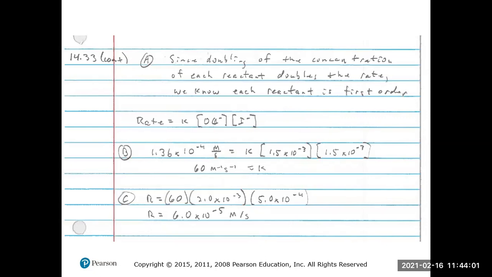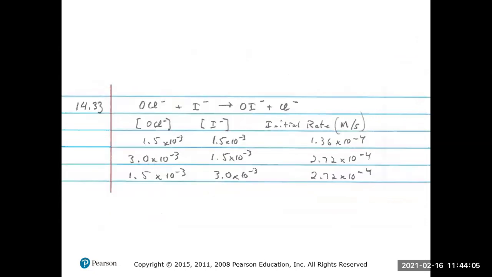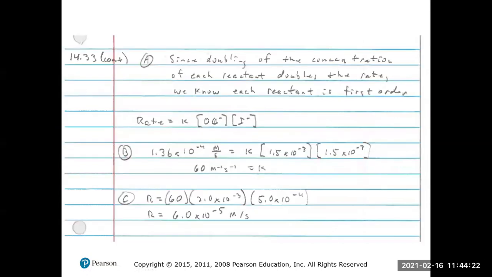Well, if we just go back to the data we were given, we can take any one of these three scenarios because we've got concentrations and we've got a rate. So I'm going to take the first one where they're both 1.5 times 10 to the minus 3, and the rate is 1.36 times 10 to the minus 4.